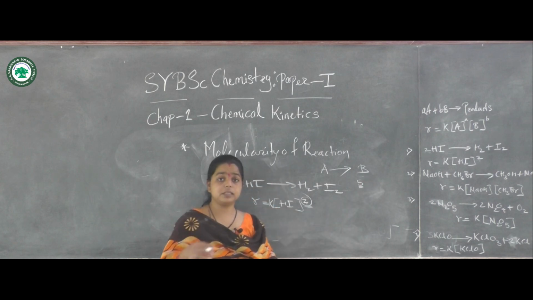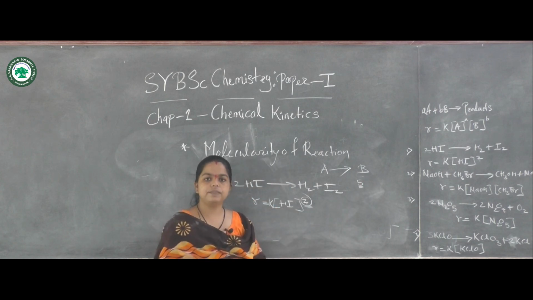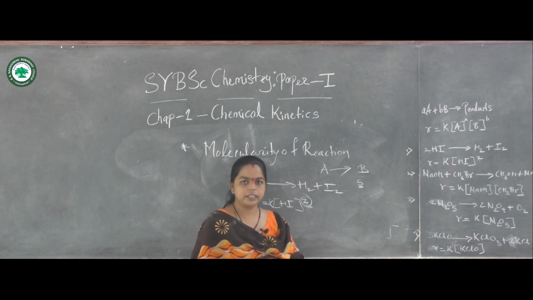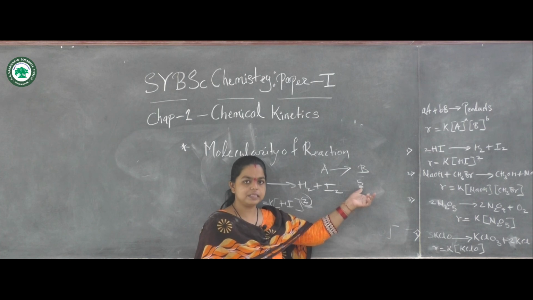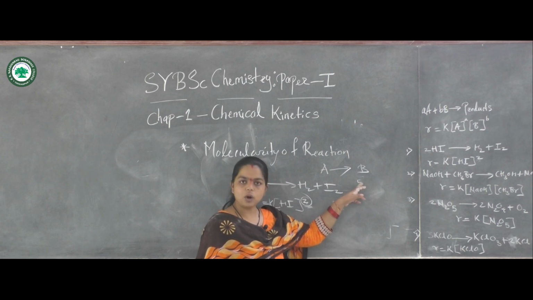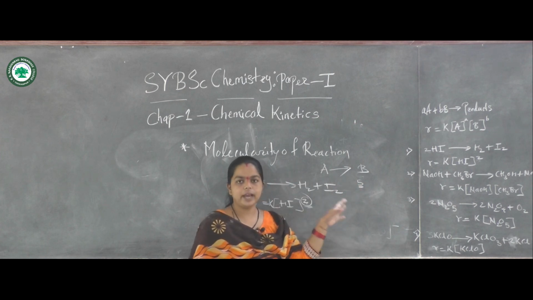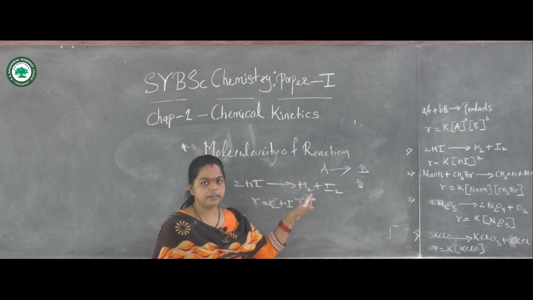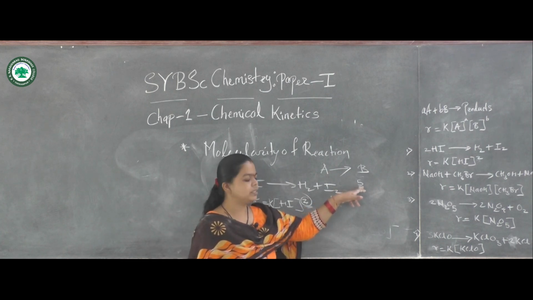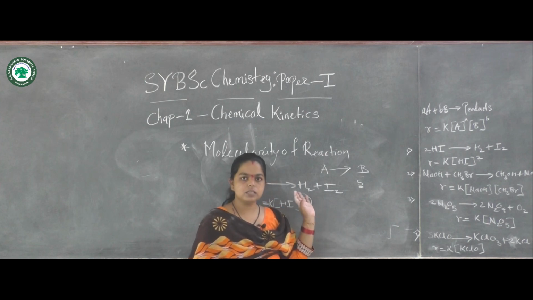Now each elementary step has a different rate. The rate is not the same for every elementary reaction. So it is not possible that all the 5 elementary steps have the same rate.